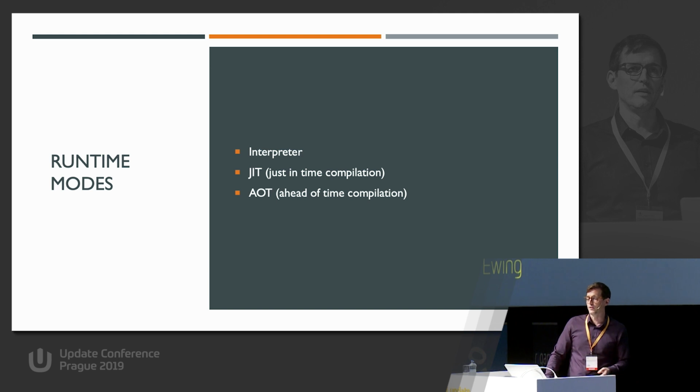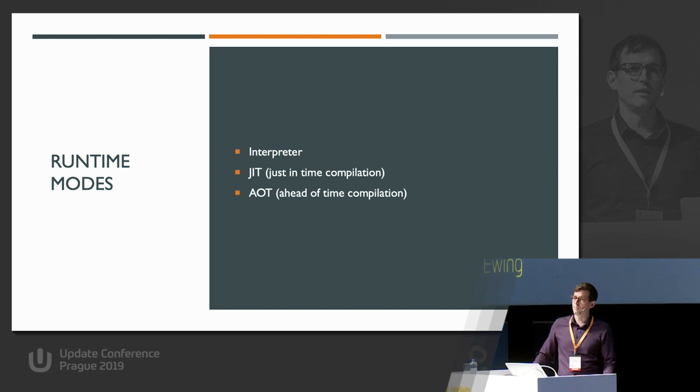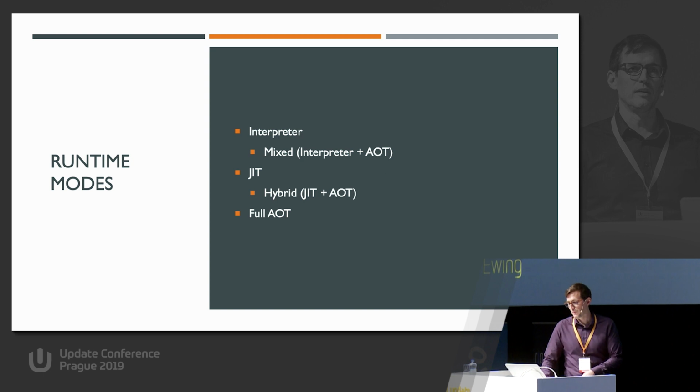Like I said, basically there are 3 modes of execution that the Mono runtime supports: the interpreter, the JIT, which is just-in-time compilation, and AOT, which is basically compiling the CIL to machine code, or in this case, to WebAssembly, before in a compilation step, and then transmitting that instead of the actual normal assemblies that you would think of in .NET.